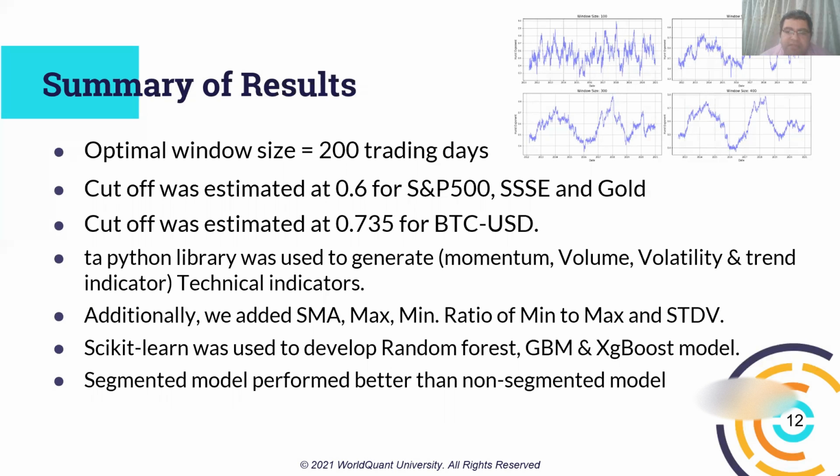We have tried different window sizes in the calculation of the Hurst exponent. We tried 100, 200, 300, 400. We found that the Hurst exponent with window 400 is very volatile, so we ignored it and didn't use it. So we are using 200 as the optimum window for the Hurst exponent.